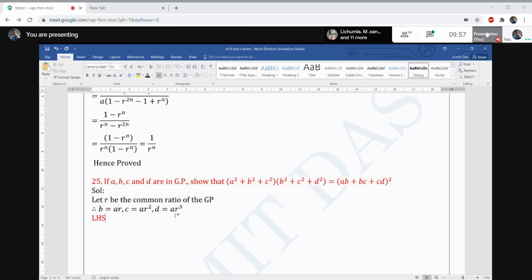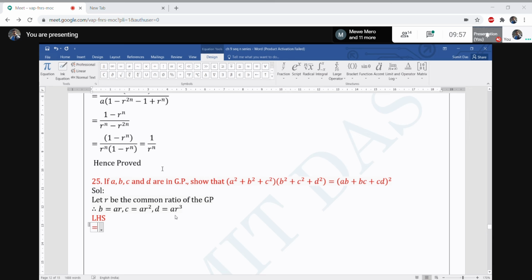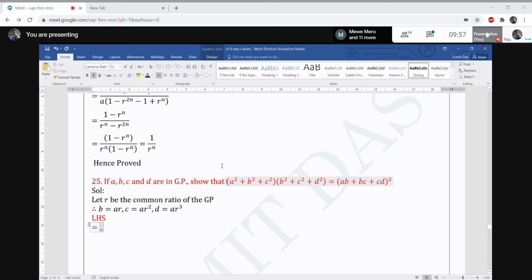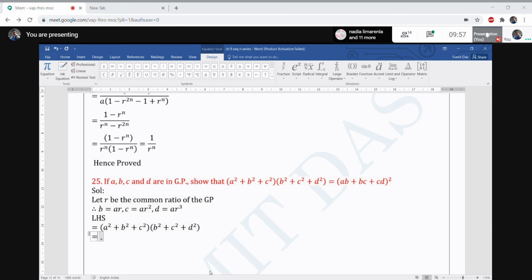Left hand side is equal to this. Now put the values. a square will not change, a square. b square will put ar whole to the power square, and put this one inside the third bracket.